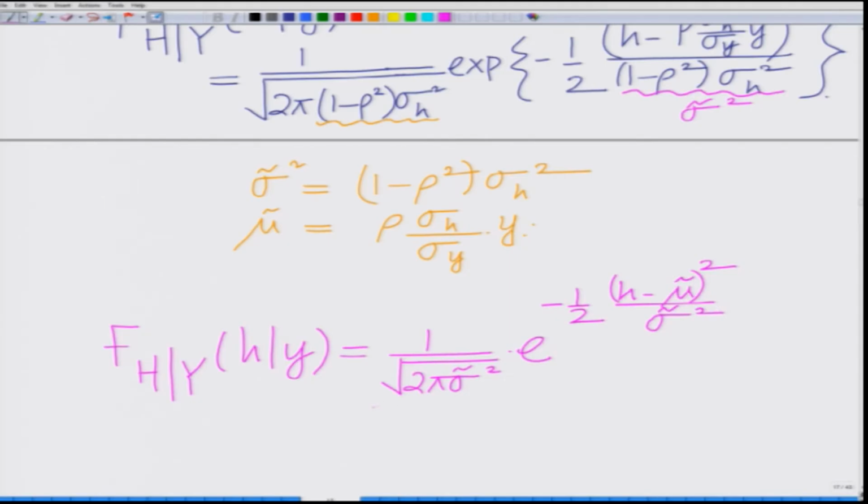And now, if you look at this, you will realize that this is a Gaussian distribution with mean mu tilde and variance sigma tilde square, and that is the interesting aspect of this.